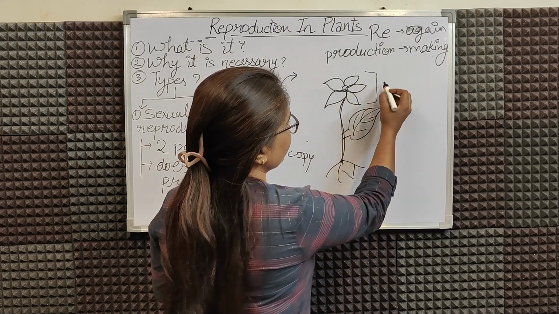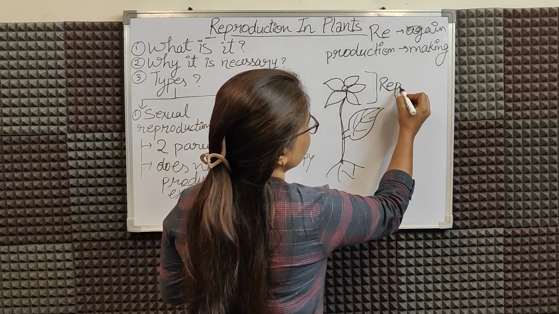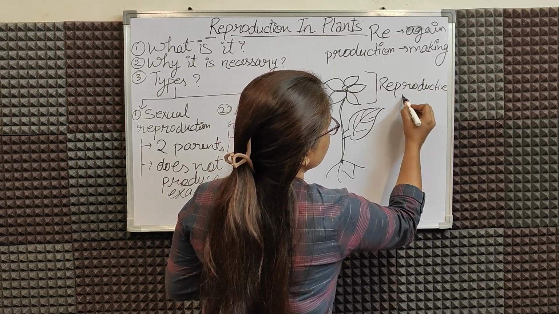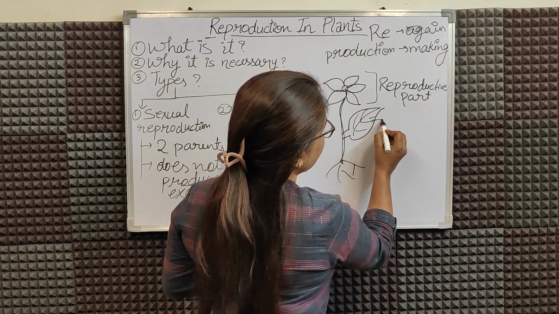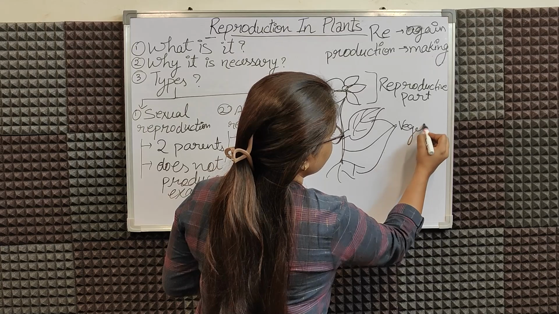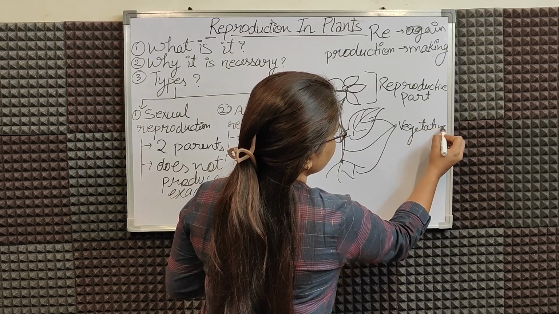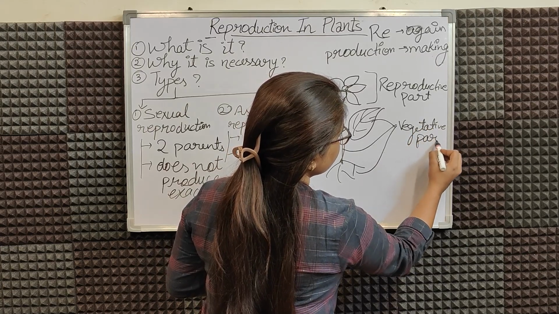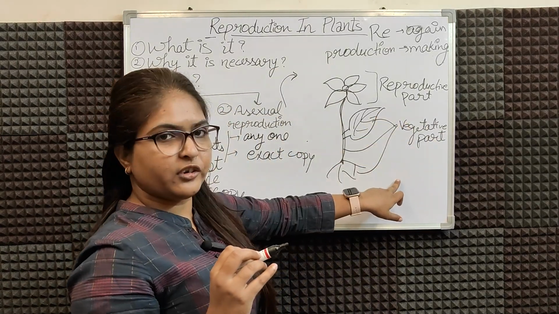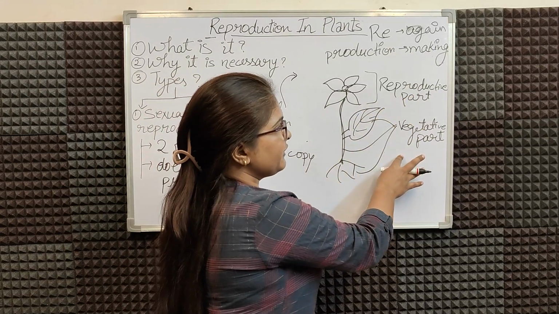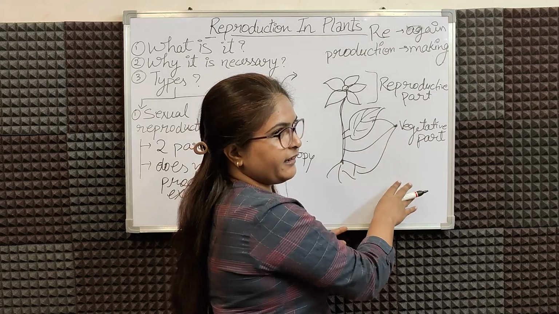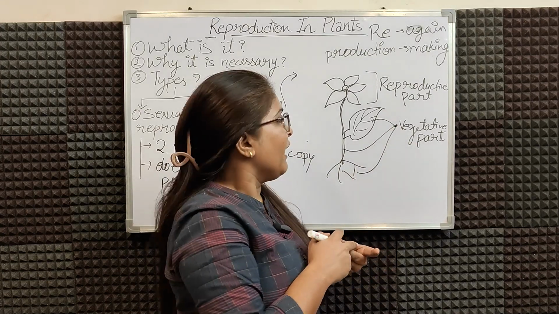The flower is the reproductive part, but the leaf, stem and roots are the vegetative parts. So there are two ways of reproduction in a plant: the reproductive part and the vegetative part. In plants, reproduction is continued with the help of vegetative parts like the roots, stem and leaves.